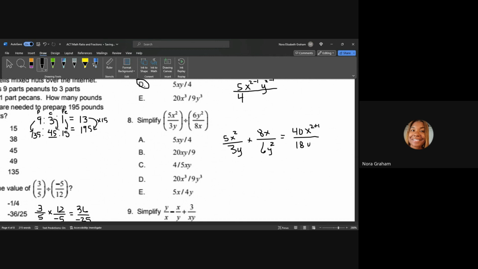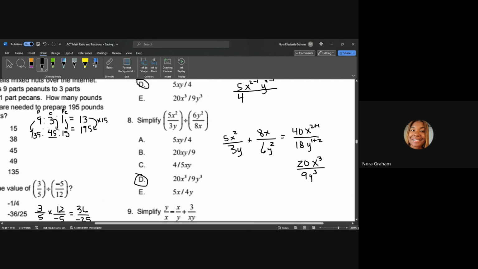So that's y, 1 plus 2. So again, I simplify this down. If I do 40 over 18, I can pull out a 2. 40 divided by 2 is 20, and that's x to the third. 18 divided by 2 is 9, and that's y to the third. And I stop there because I can't combine these variables because my bases are different. So my answer is going to be D.